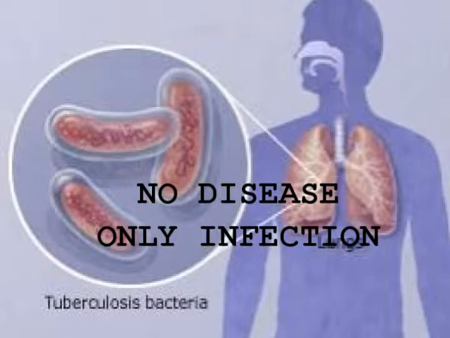But having the organism in the lungs doesn't mean that I'm going to show symptoms or signs of tuberculosis. If I'm not coughing, if I'm not having fever or night sweats or any loss of appetite or loss of weight, it means that I'm not suffering from tuberculosis, though the organism may be there in my lungs.